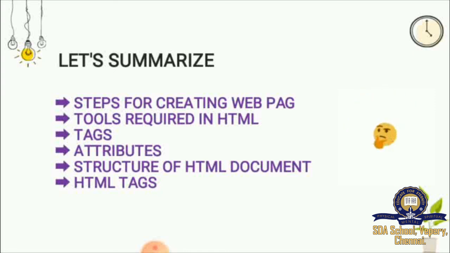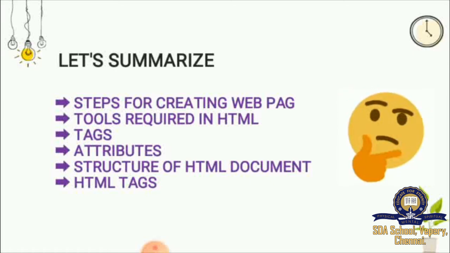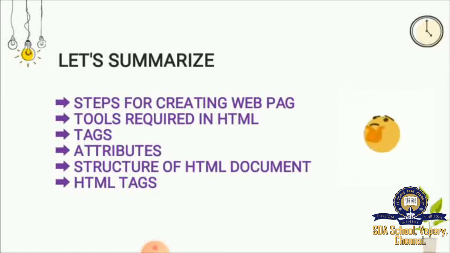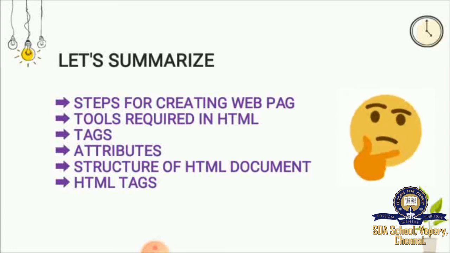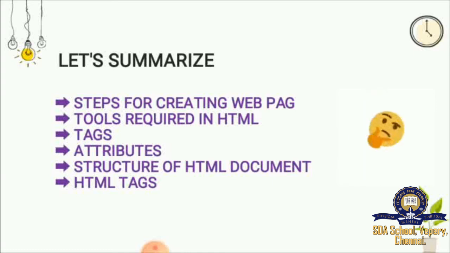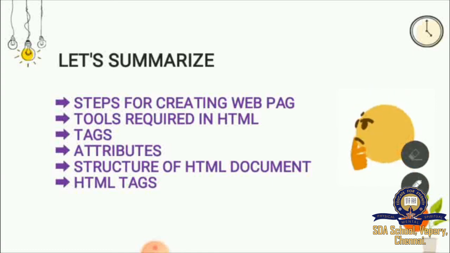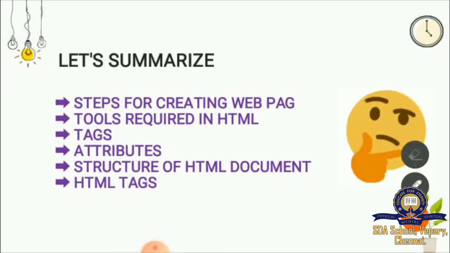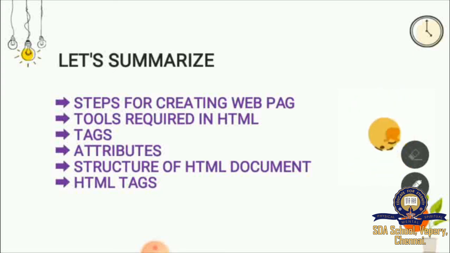Attributes define additional characteristics or properties of the element such as width and height of an image. Attribute values should always be enclosed in quotation marks. An attribute is used to define the characteristics of an HTML element and it is placed inside the element's opening tag. It is made up of two parts, a name and a value.